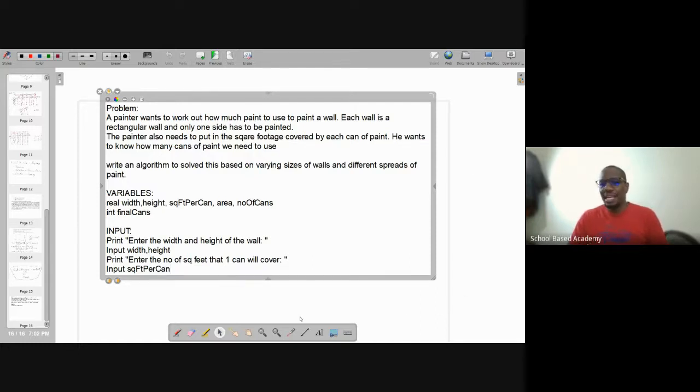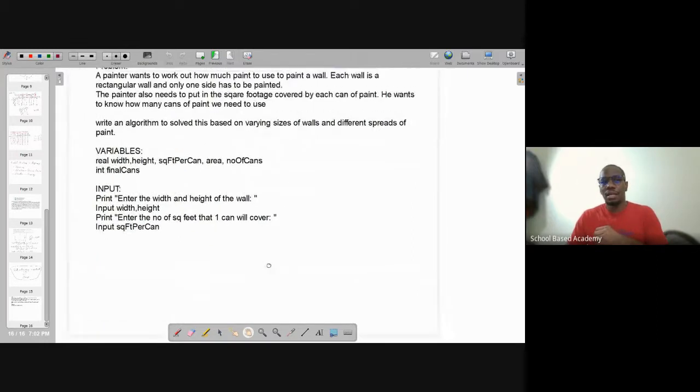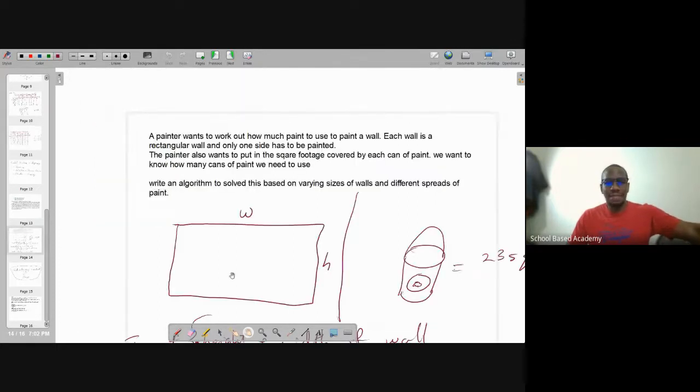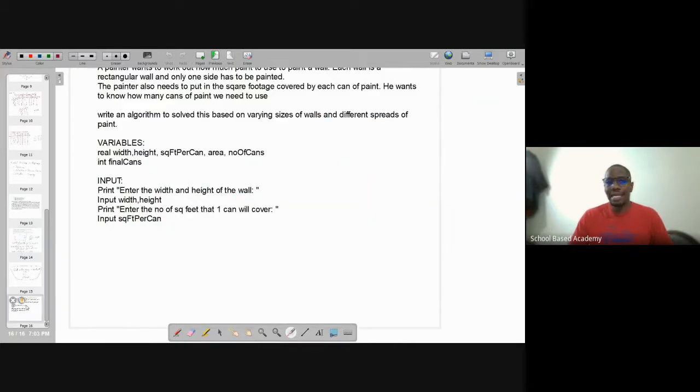So I've taken these values inside of here. I think I've captured what I put down in my input section on this page, because I said before, input the height and width of the wall, and input how many square feet a can of paint will cover. And then I want to go on to the processing.